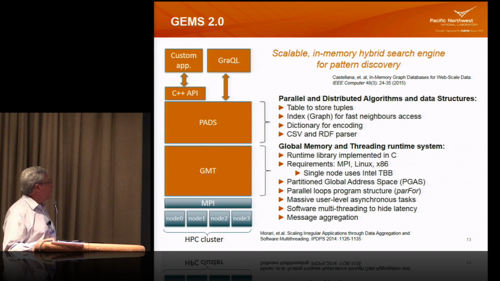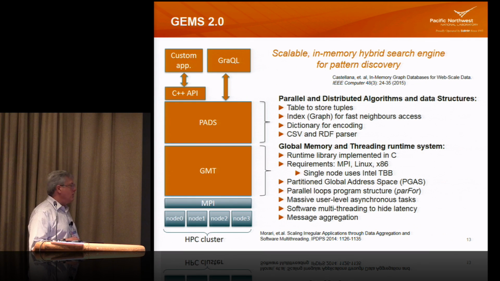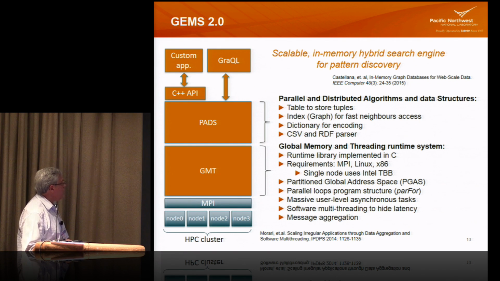The GEMS stack is sort of conventional. At the bottom we have commodity clusters and a thin layer of MPI to provide communications. The key to scalability in graphs is providing a very lightweight, heavily multi-threaded shared memory view. So this is sort of a software implementation of what the Cray XMT is.